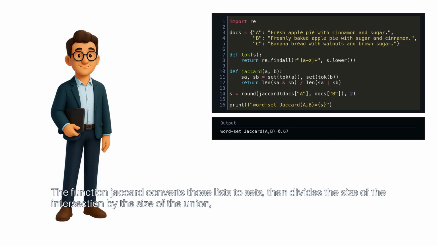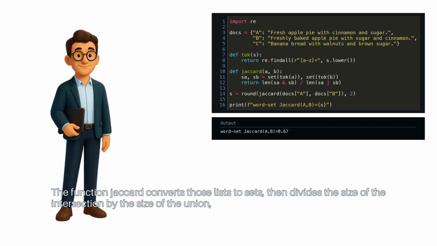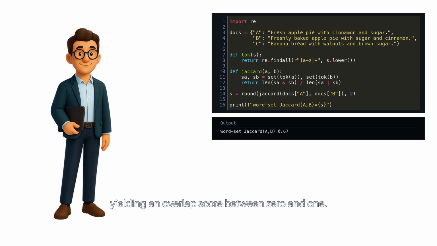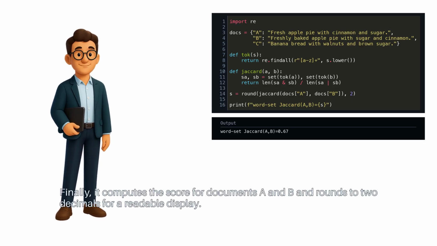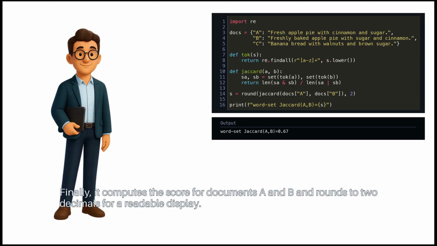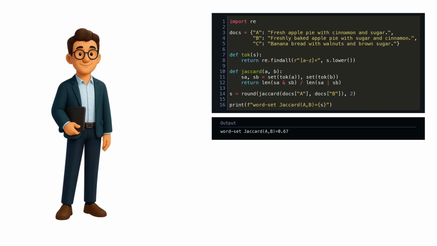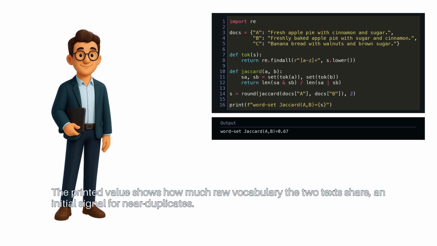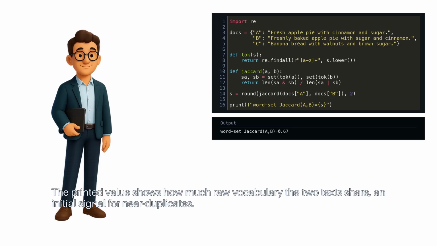The function jaccard converts those lists to sets, then divides the size of the intersection by the size of the union, yielding an overlap score between 0 and 1. Finally, it computes the score for documents A and B and rounds to 2 decimals for a readable display. The printed value shows how much raw vocabulary the 2 texts share, an initial signal for near duplicates.